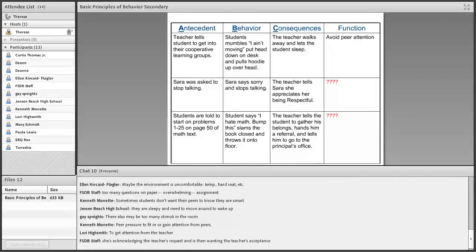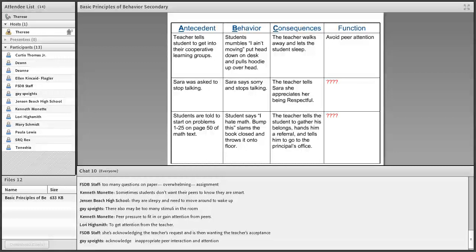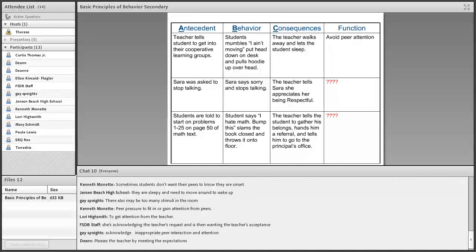That's exactly right. She's saying she's sorry and she's stopping talking, and as a result, she gets positive attention from the teacher. Absolutely. So she's wanting that teacher's acceptance. So the thing that she's getting out of that is appropriate adult attention, or positive adult attention. Excellent. Very good. So you guys got it.